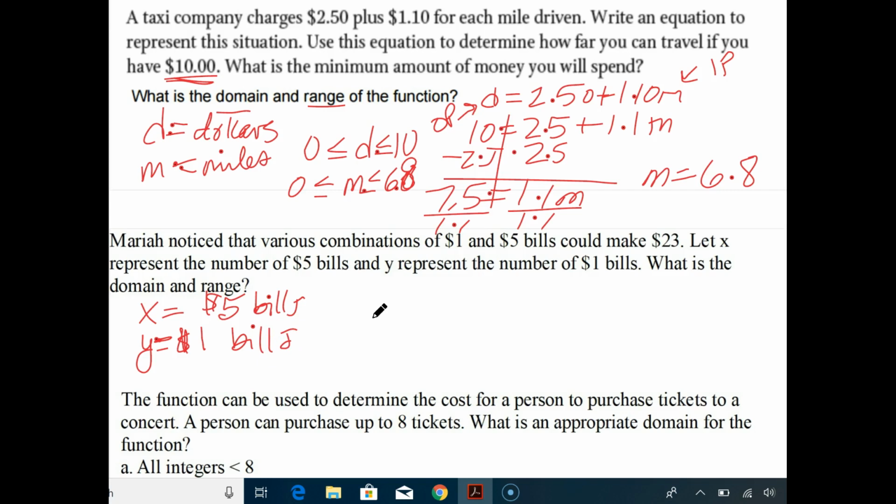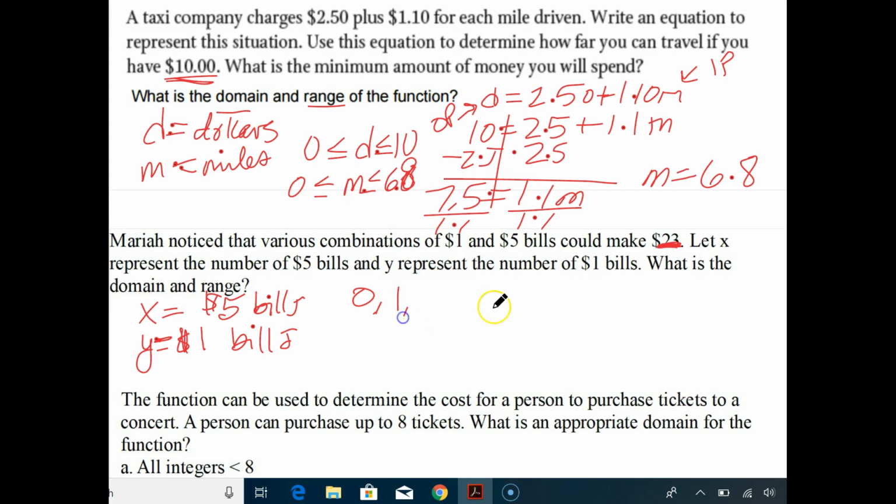All right, so let X represent the number of $5 bills and Y represent the number of $1 bills. So if I'm trying to make $23 and X is my $5 bills, can I make $23 with zero $5 bills? Yes. Can I make $23 with a combination of $0 and $1 bills, $5 and $1 bills? Can I make $23 with one $5 bill?